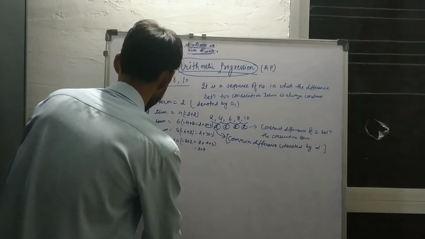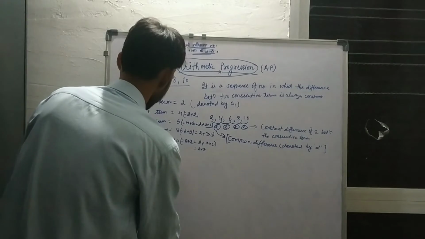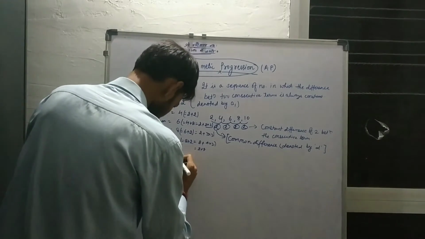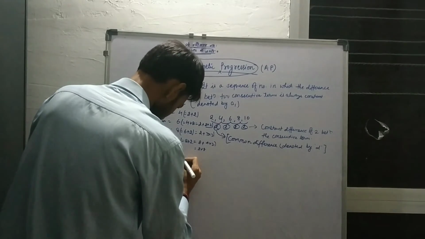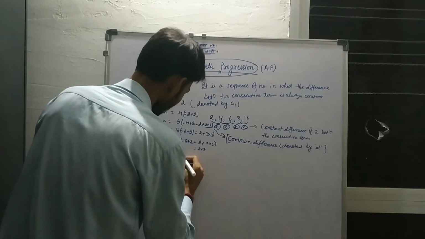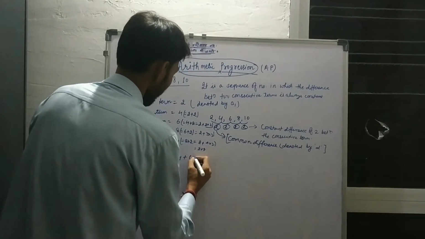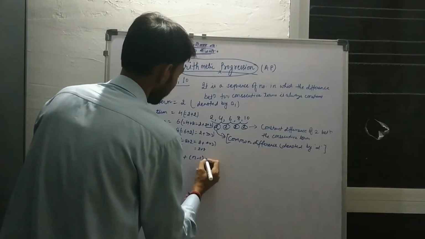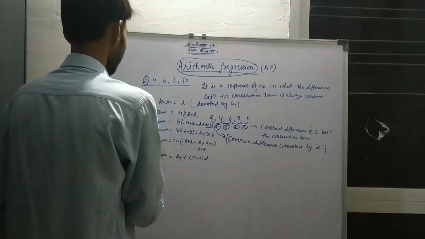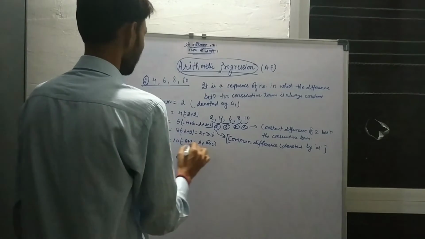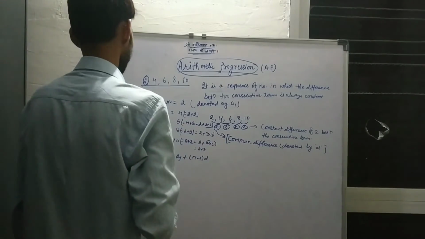What we see here is that if we have to find the nth term, we can write it as the first term plus n minus 1 into d. When we talk about the fifth term, 1 less than 5, 4 comes.